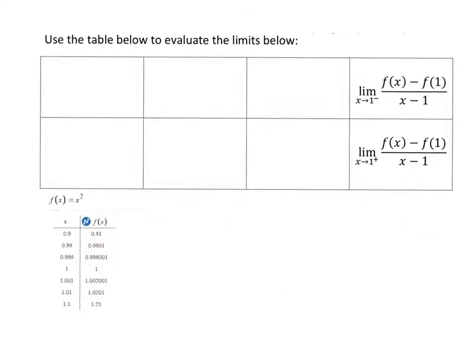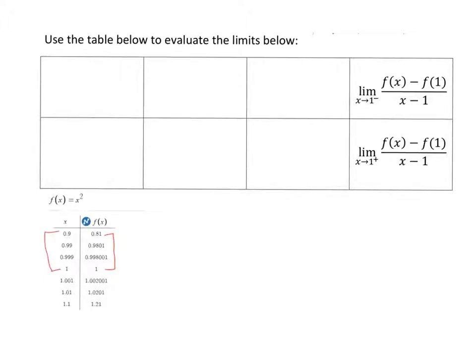So right now we're going to compute the average rates of change between the point (1, 1) and all these points that are close to the point (1, 1) on the graph of x squared on the right and left side. So let's start from the left-hand side. My x is like 0.9 for my first example. So I'm going to find the slope between these 2 points.